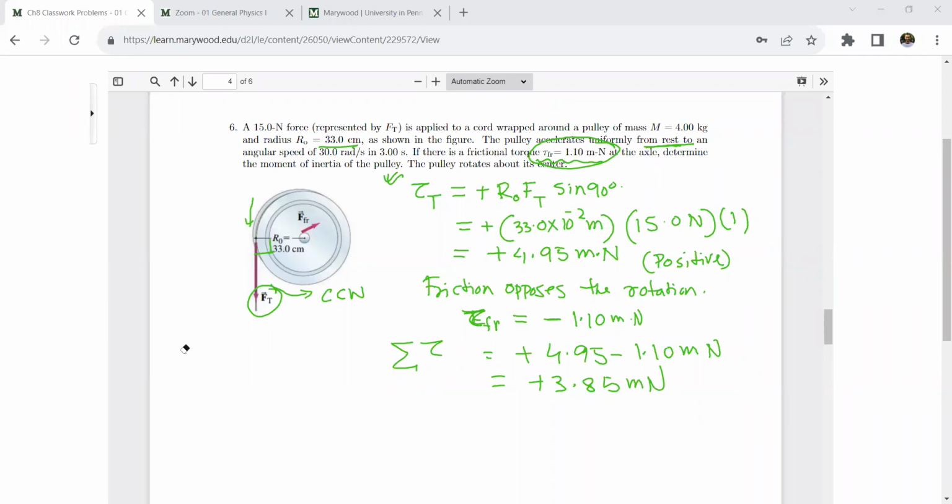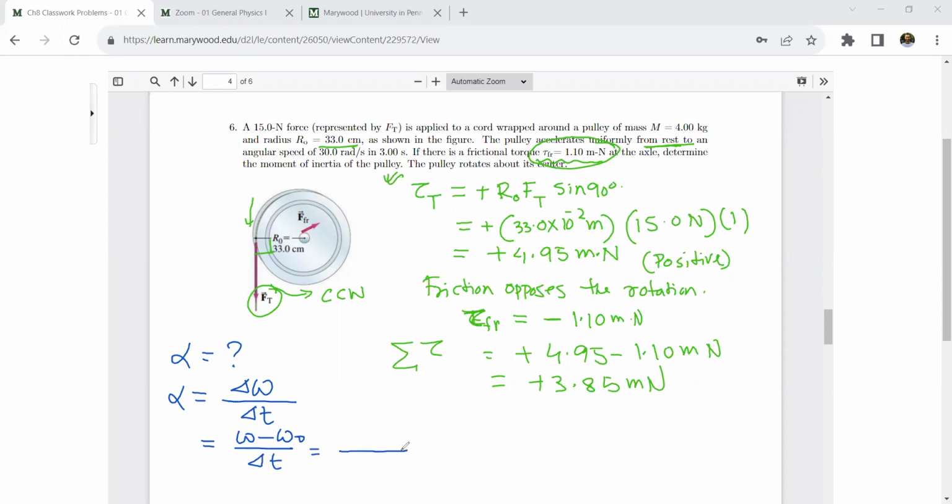Now let's try to determine alpha. So what is alpha? Alpha equals delta omega over delta t. Omega is final minus initial, over delta t.